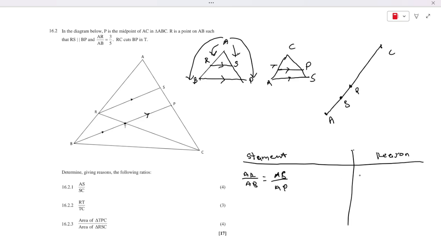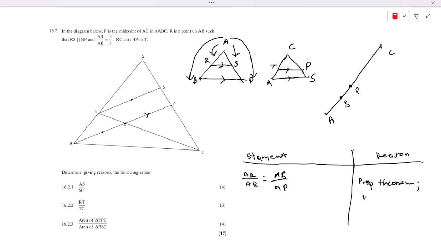The reason being what? This, ladies and gentlemen, is the prop theorem. So you say prop theorem. You are saying what? What are the parallel lines?